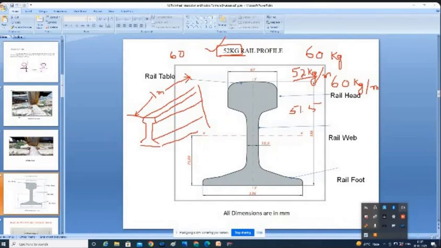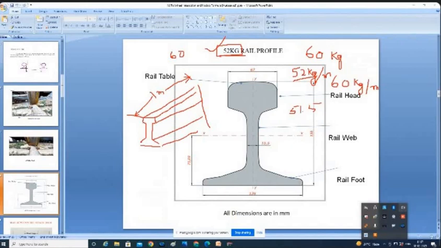Now this 52 kg per meter rail is nowadays outdated. Does anybody want to ask me anything? Are you following what I am telling you? Okay, good.